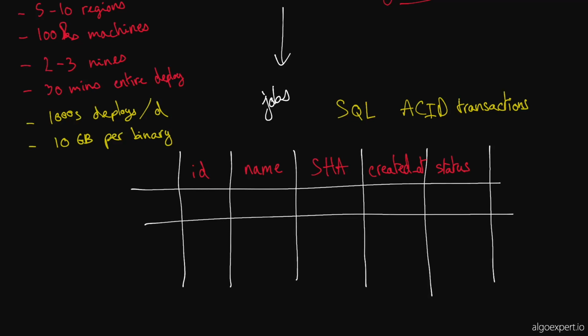Sure. Just to clarify, my idea is the way that these workers actually dequeue stuff off the queue or out of the table, so to speak. They don't actually delete them from the table, but they take them from the table.